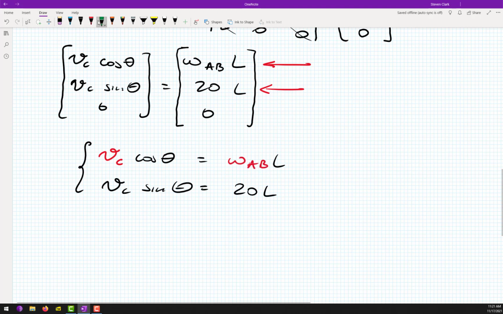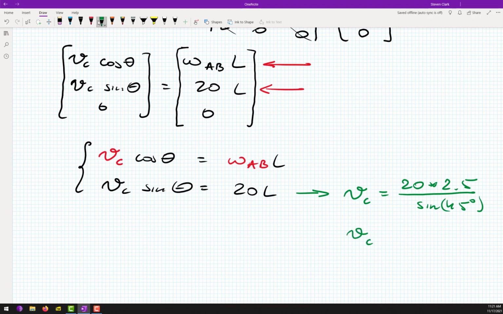Okay, so I think that our V_C can be found from here. So our V_C is equal to 20 times 2.5 divided by sine 45 degrees. So our V_C will be basically 50 square root of 2 feet per second.